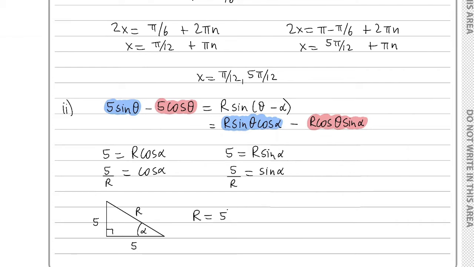So r is the square root of 5 squared plus 5 squared, which is 5 root 2. Tan alpha is 5 over 5, so alpha is 45 degrees. So we just managed to express 5 sine theta minus 5 cos theta as 5 root 2 sine of theta minus 45. And we know that this is equal to 2.